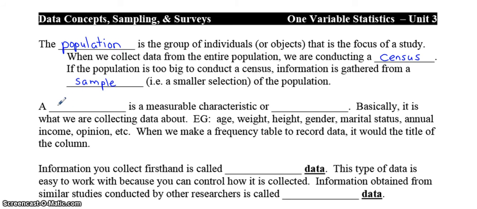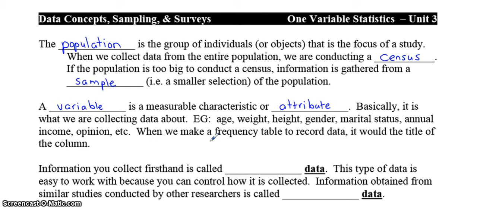So, a variable is a measurable characteristic or attribute. Basically, it is what we are collecting data about. So it's your age, your height, your weight, your gender, marital status, annual income, your opinion, etc. So whatever it is you are collecting data about, or basically what question are you asking, that is your variable, or sometimes called the attribute.